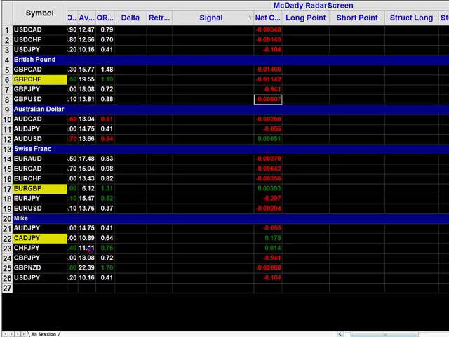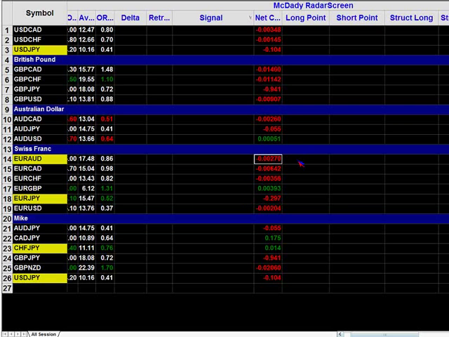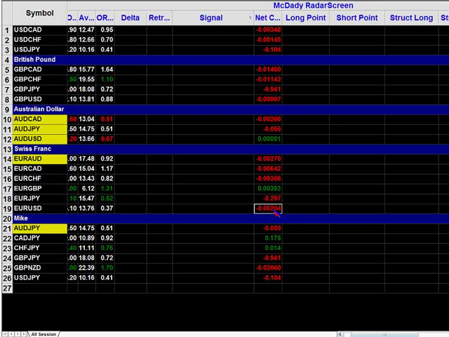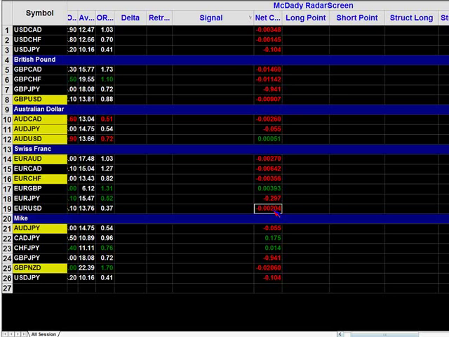Now you come back down, let's say, to the euro. These are the euro pairs. And you can see that the euro Aussie is 27 pips. The euro CAD is about 60. The euro Swiss 36. And the euro yen is 20. So the average move in the euro is about 20 pips. So the average move for today, Bill, is about 20 pips on the euro.